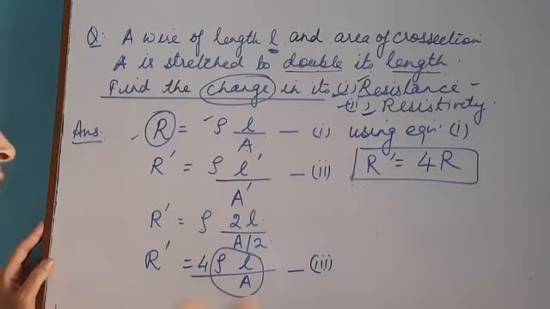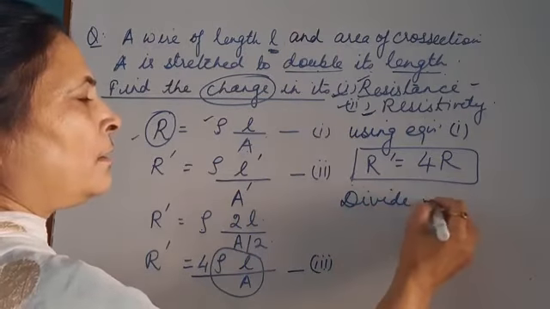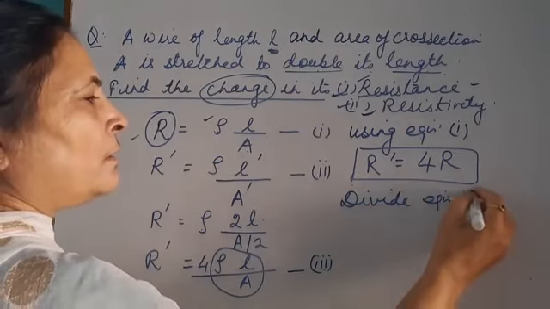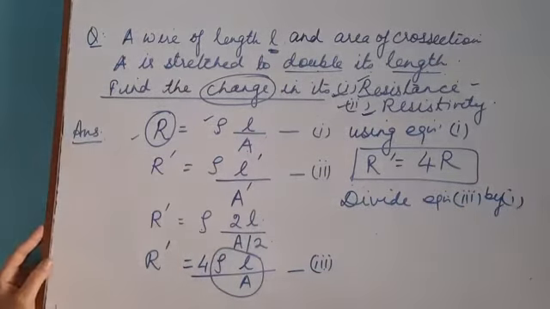The second method you can use is to divide equation 3 by equation 1. Again you will get the same value.